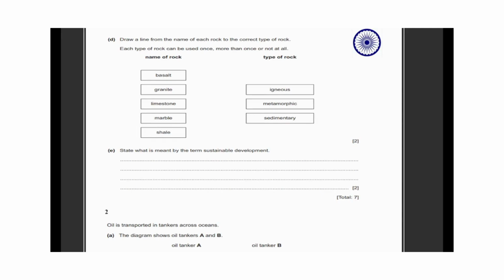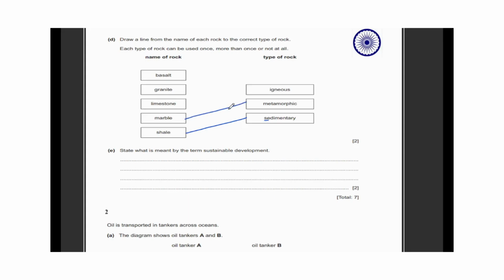Next is draw a line from the name of each rock to the correct type of rock. Each type of rock can be used once, more than once, or not at all. You should remember at least 2 to 3 examples for each: igneous, metamorphic, and sedimentary. A shell is a sedimentary rock. No arrows, please don't draw any arrow. Marble is a metamorphic rock.